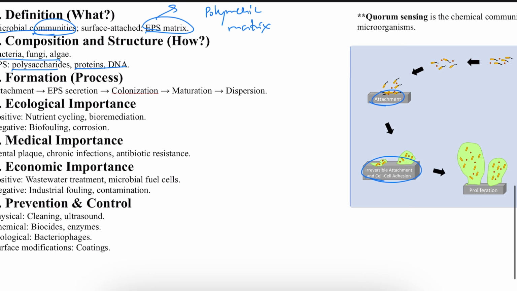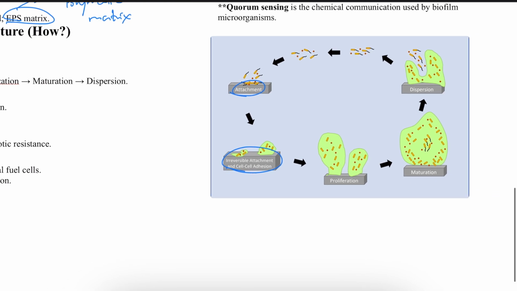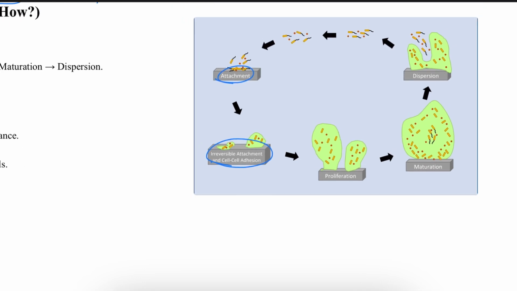In the third step, there is microcolony formation, where the microorganisms multiply rapidly and the production of EPS increases. Ultimately, this leads to the structural integrity and also the proliferation of the biofilm.